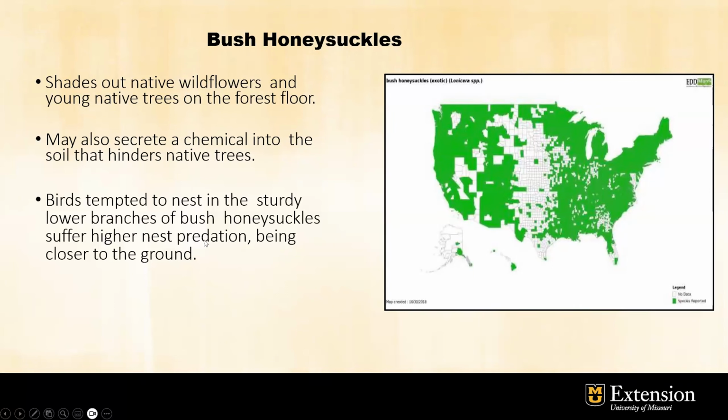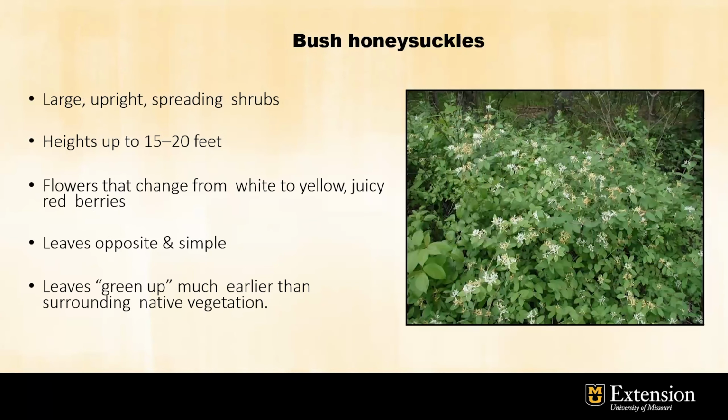So it's not good for our wildlife. I have the map that shows you it's spread everywhere. It was introduced in the late 1800s as an ornamental bush. It also later on was used for erosion control and has just spread from there.